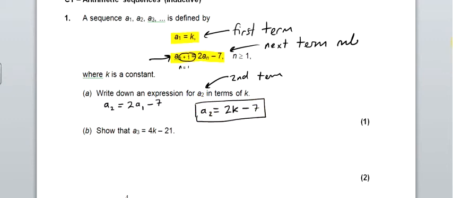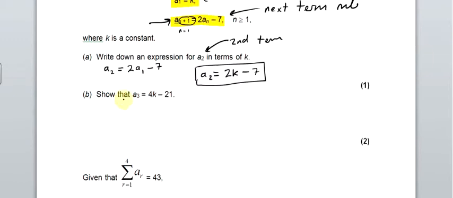And then they take pity on us now, because they say, show that the third term is this. So we know what the answer is going to be. So the third term, subscript 3. Well, if this is n plus 1, then n in this case must be 2, because 2 plus 1 is 3. So it's 2A2 minus 7.